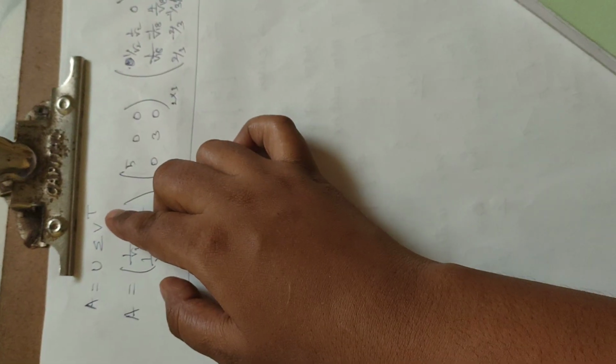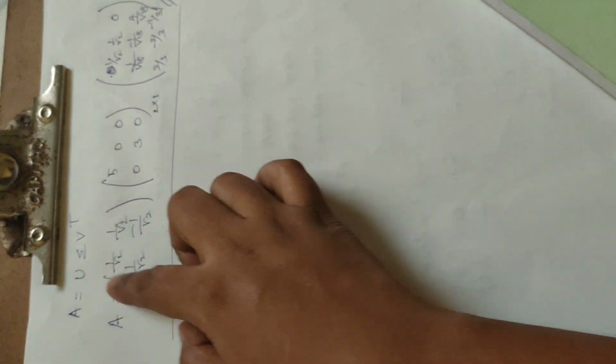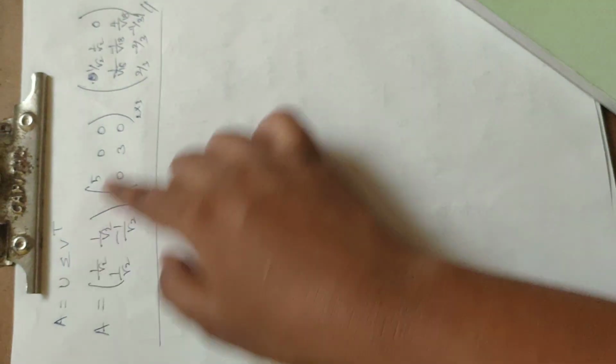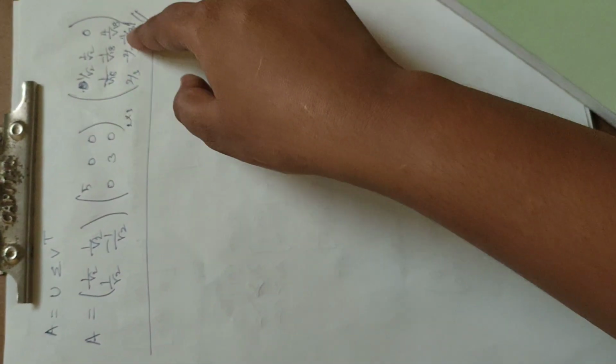Thus A is equal to U sigma V transpose. So you write the U matrix, this will be the sigma matrix, and this is V transpose. You have to take the transpose of this V matrix.